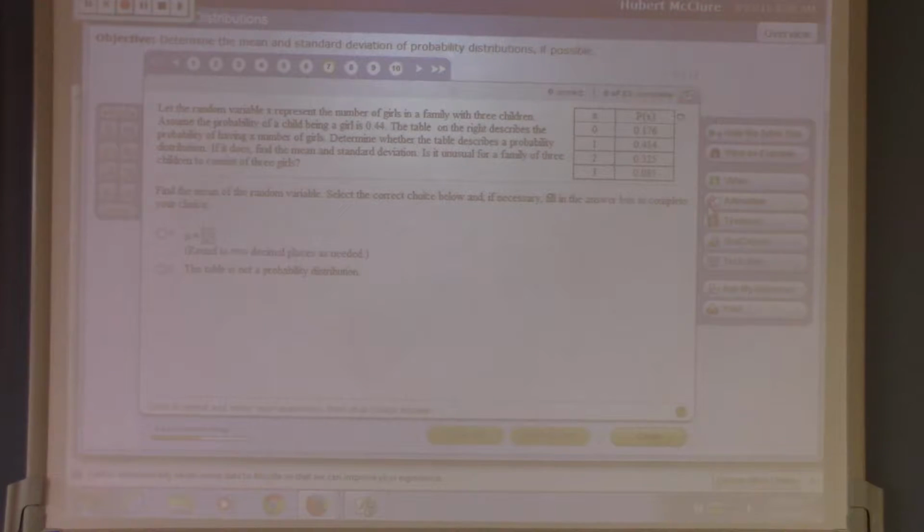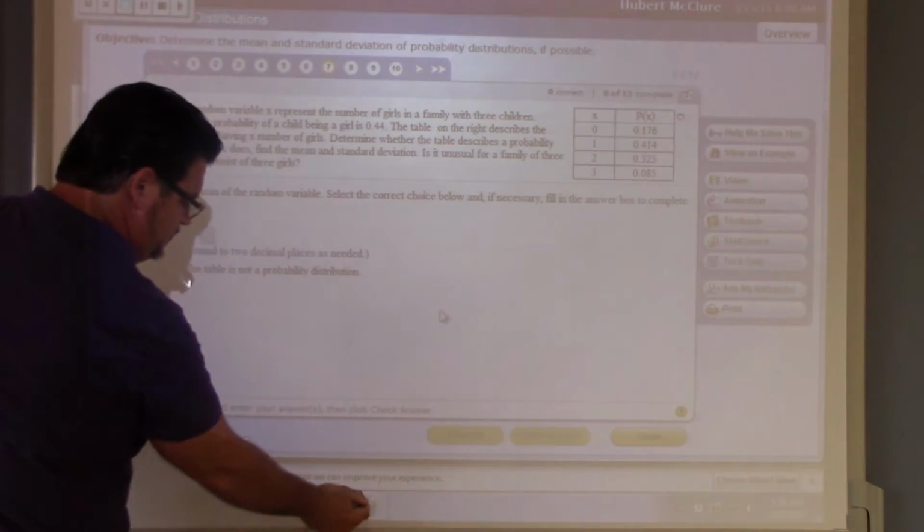To find the mean of a binomial distribution, real simple.